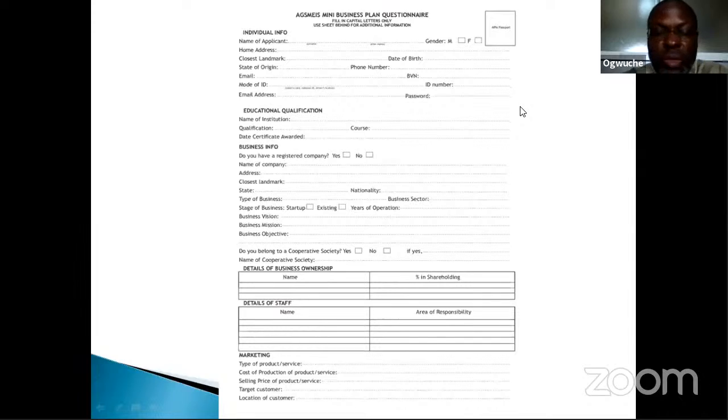All right, details of business ownership. We have different types of business ownership. We have the sole proprietorship, and then of course registered business, and then business name, which is the same as sole proprietorship.